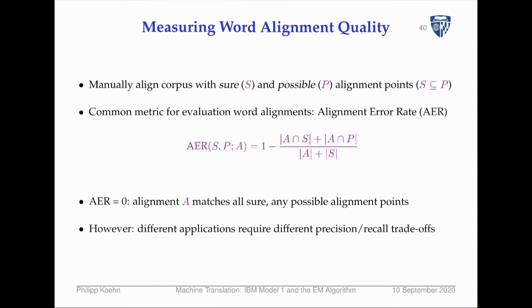There's a way to measure alignment quality. This is the standard method for that. The alignment error rate basically checks how many word alignments the algorithm produced map to a human-annotated word alignment, except the human-annotated word alignment here also had possible alignment points.